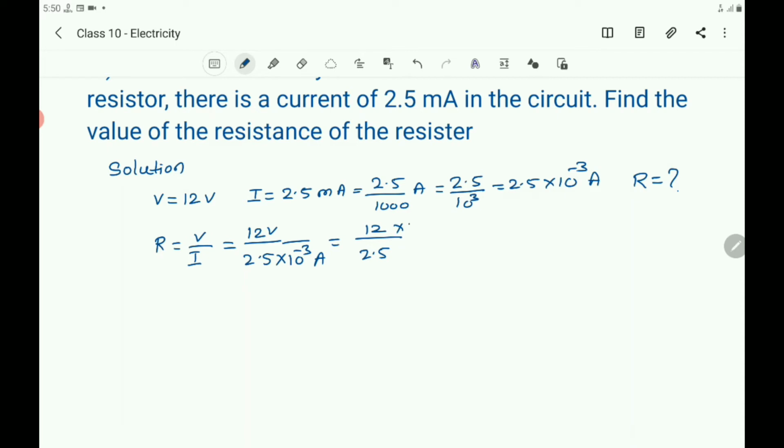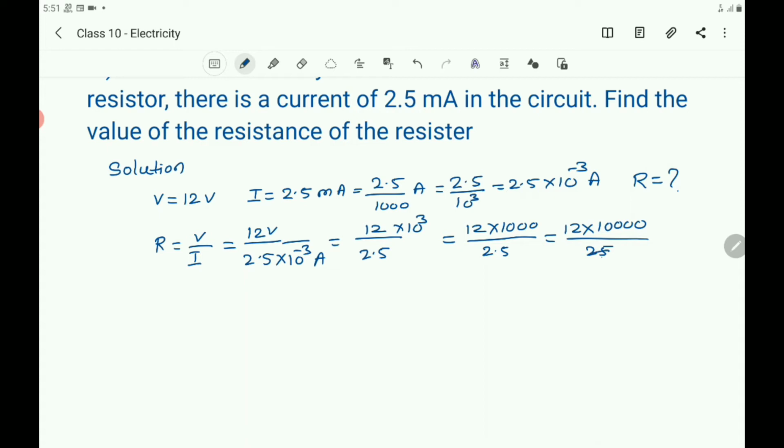You take here 10 to the power of 3, that equals 12 into 1000 by 2.5. If you remove the decimal point, it becomes 12 into 1000, one zero more, and this 2.5 becomes 25.